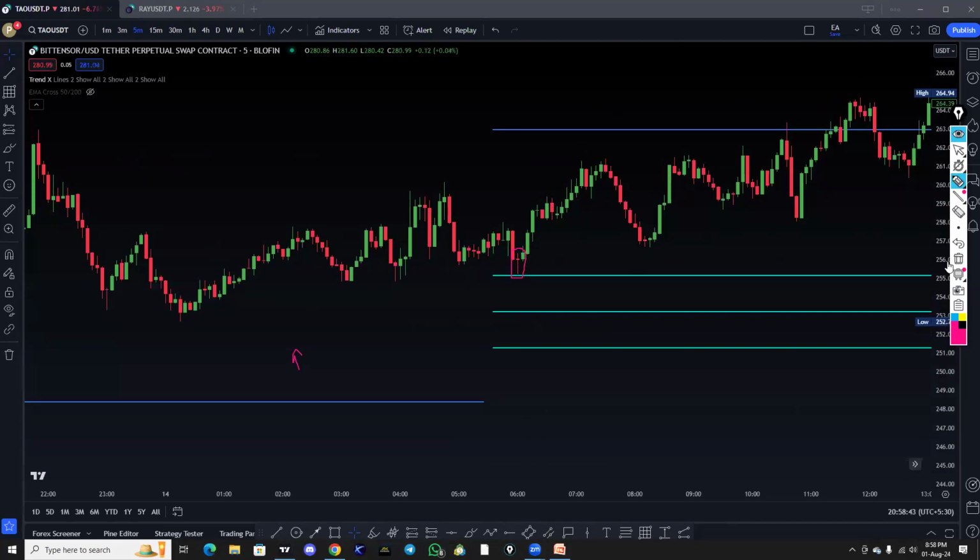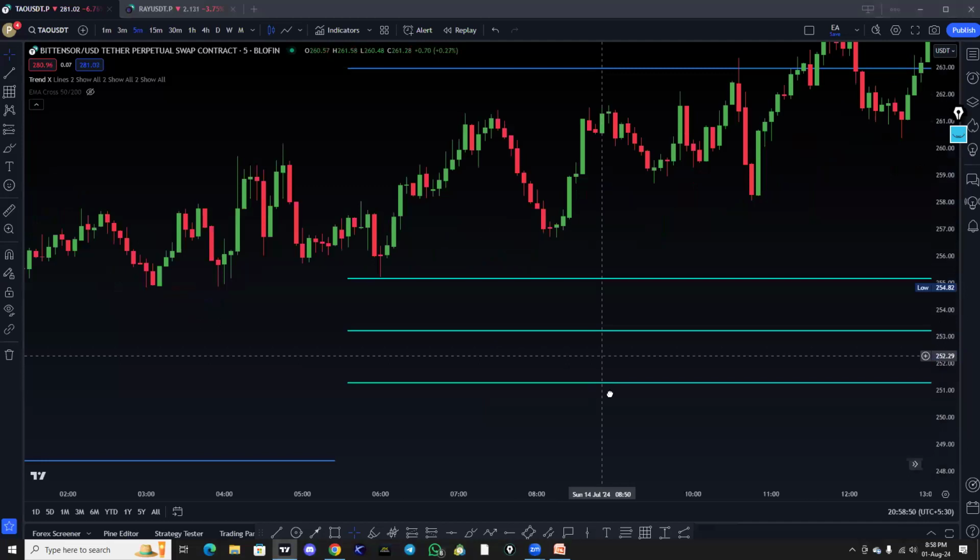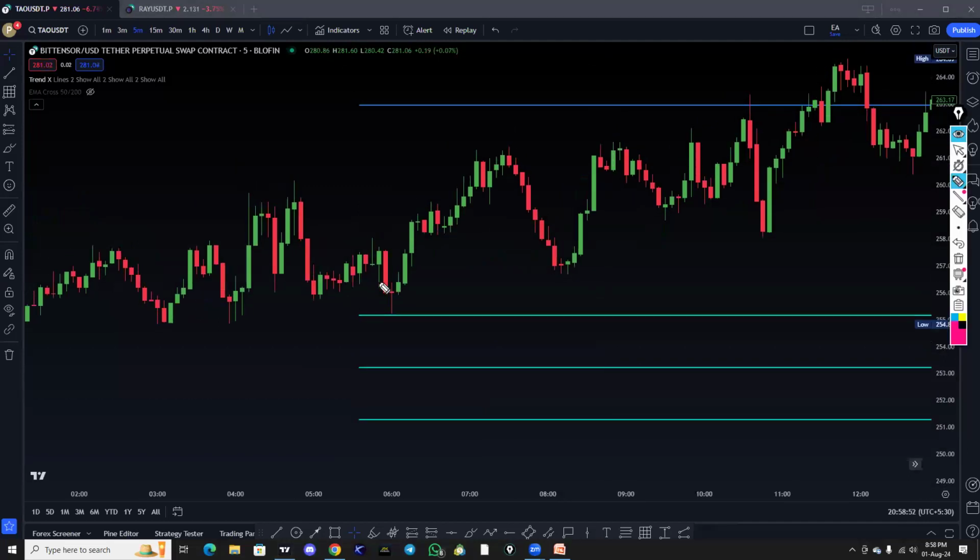So you can look, it should be a narrow trend X. Now here, I'll just zoom it. Once the candle closes, our trade will start from here and stop loss below this area. If this is super narrow, then our stop loss will be below the trend X.